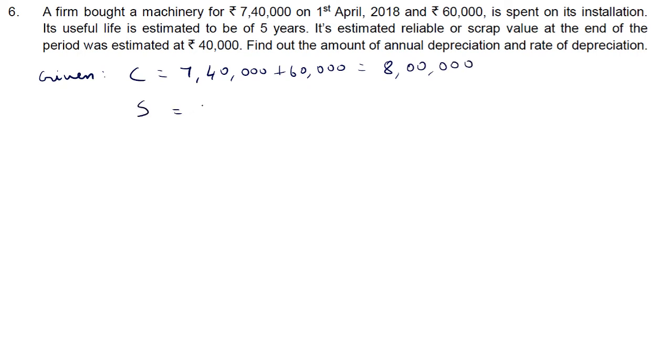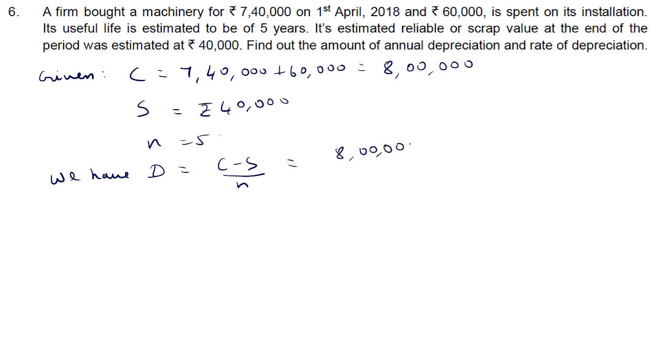And then the scrap value is given as rupees 40,000 and N is 5. So we have D is equal to C minus S upon N. So it is 8 lakh minus 40,000 upon 5.